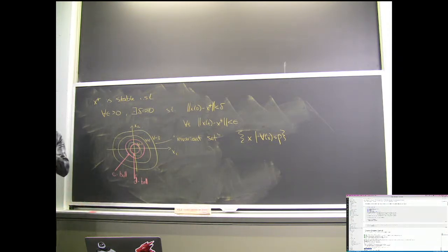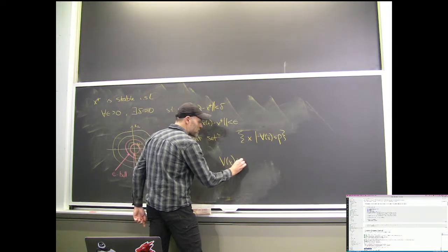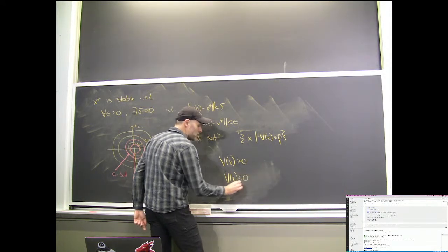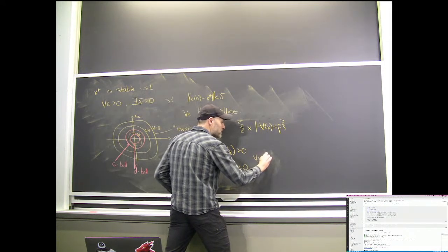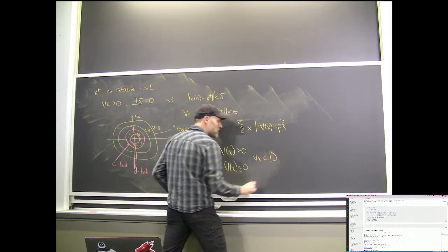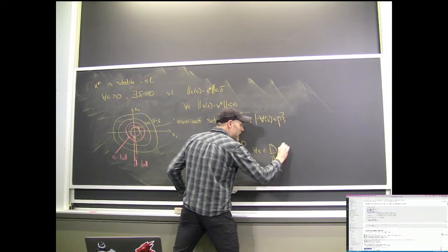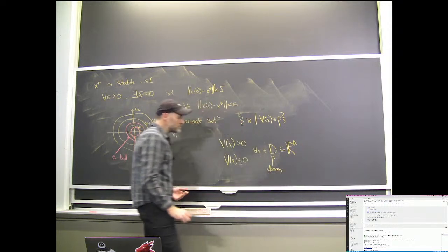Okay, we also talked about local stability versus global stability, and even regions of attraction, right? So the conditions V of x greater than 0 and V dot of x less than or equal to 0 can hold for all x inside some domain D, and it might not be all states, R^n.